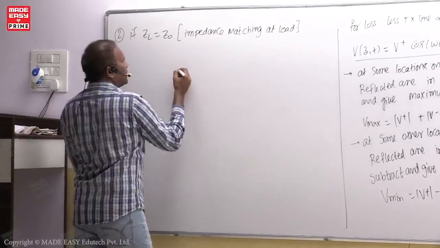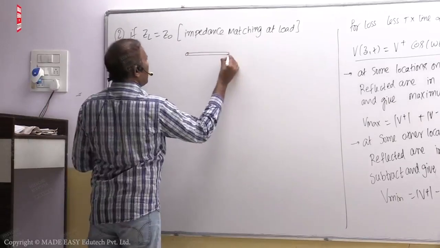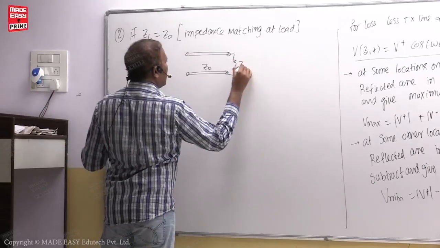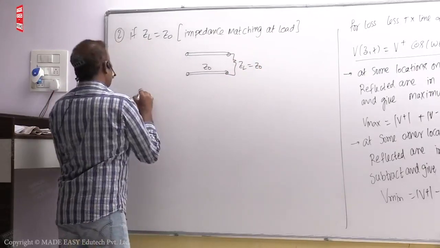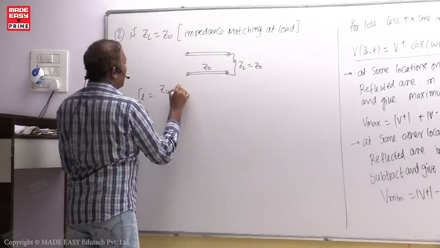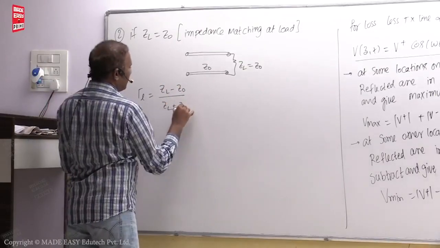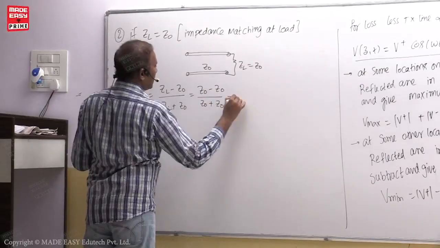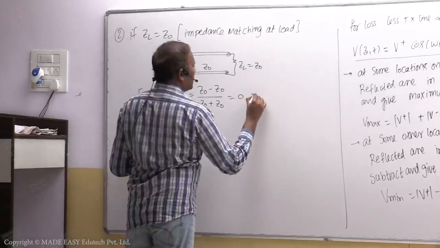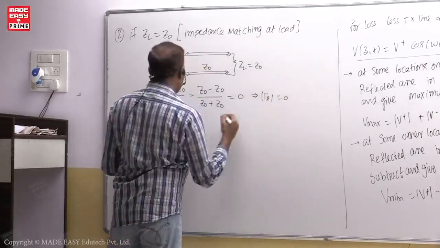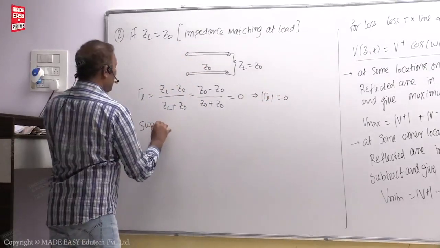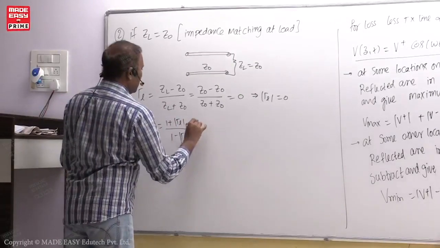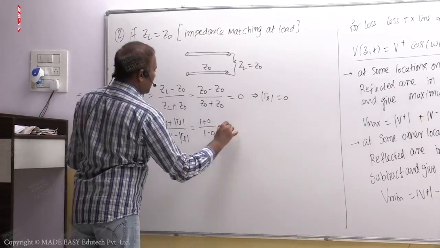So in this case, this is the characteristic impedance and ZL is equal to Z0. Now gamma L is equal to (ZL minus Z0) divided by (ZL plus Z0), that is the formula. So Z0 minus Z0 divided by Z0 plus Z0 is 0. Now mod gamma L is equal to 0. In this case, SWR is (1 plus mod gamma L) divided by (1 minus mod gamma L), 1 plus 0 divided by 1 minus 0, which is 1.